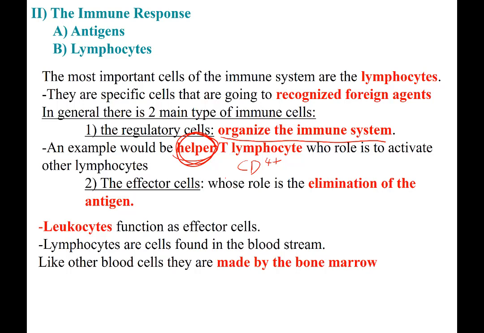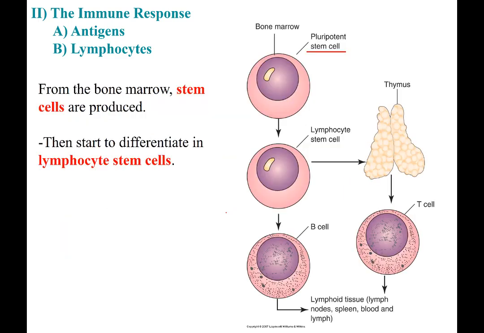So you can hear about it now. Regulatory cells are not going to be able to fight, they're not going to go and destroy a bacterium. The ones that can do that are the effector cells. That's why we call them effector cells. It's mostly the T lymphocytes. The T cells are the ones that can effectively get rid of an infection or bacteria.